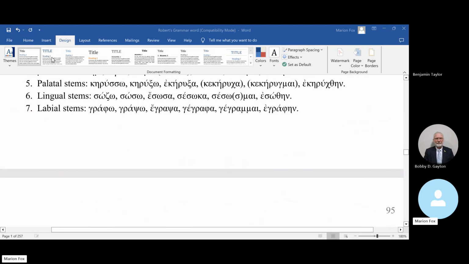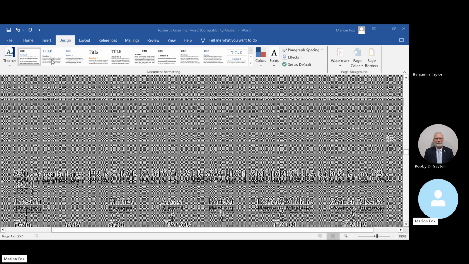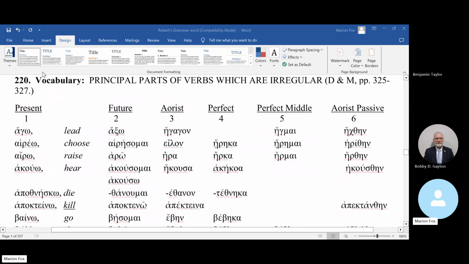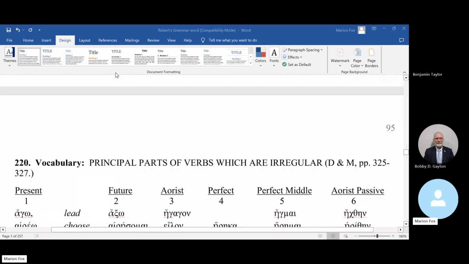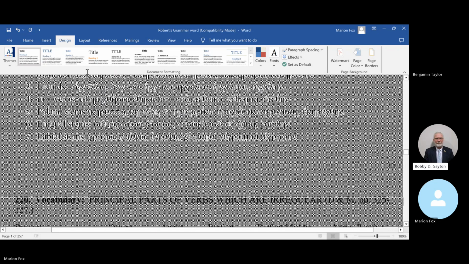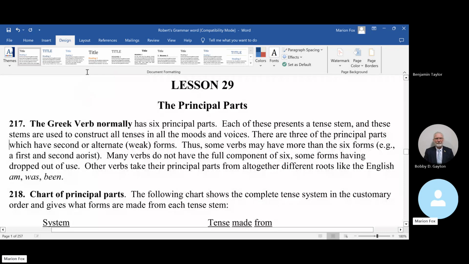What I want to do is I want us to play with these words a bit if we can. This is Dana and Mandy. I went ahead and put that in there. Pages 325 to 327. Oh, I'm sorry.